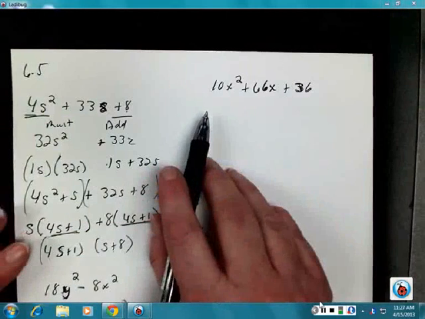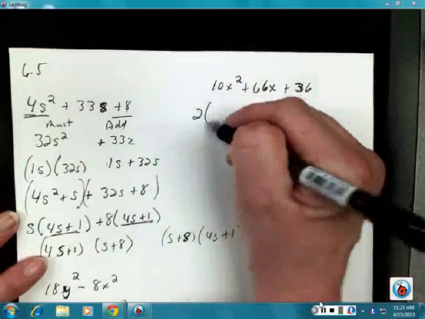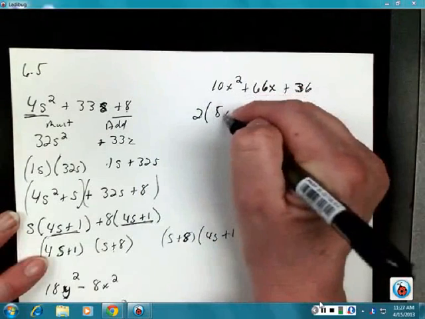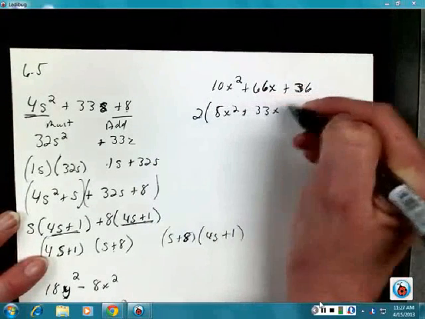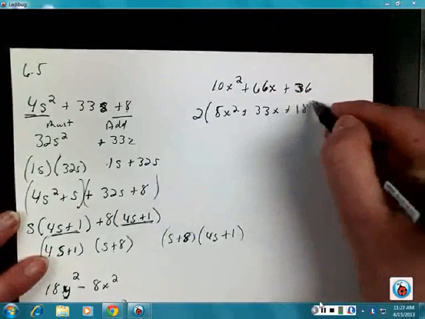Pull out a 2. That leaves me with 5x squared plus 33x plus 18.